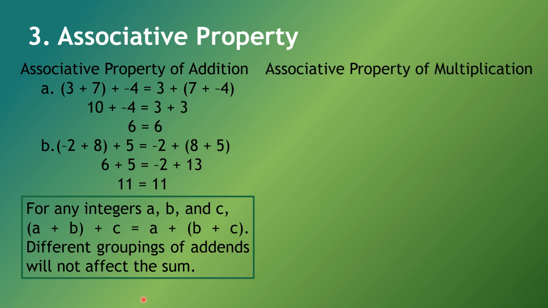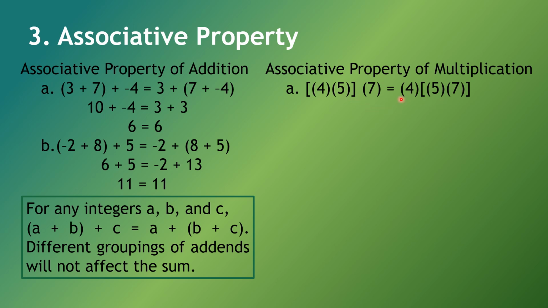Associative property of multiplication. Example, the product of 4 times 5 times 7 equals 4 times the product of 5 times 7. So, apply the process of PEMDAS. I-multiply muna natin ang 4 times 5 dahil iyon ang nasa loob ng bracket.